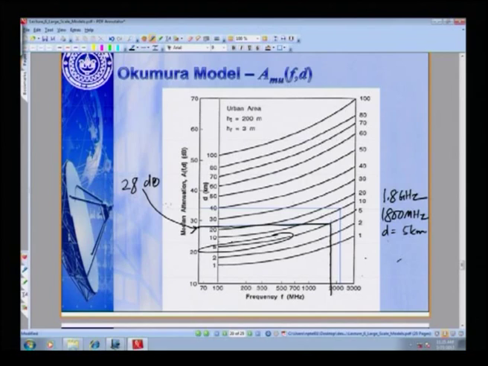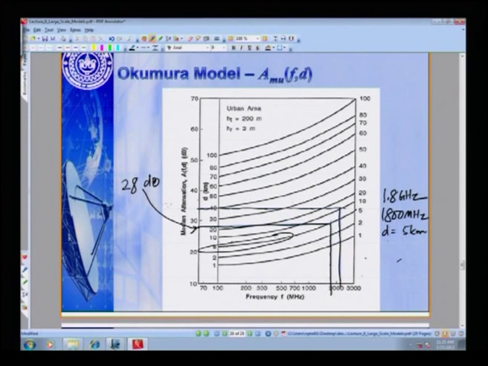Since I do not have any curve for 8 kilometers, I approximately use the curve for 10 kilometers, look at approximately 2.1 gigahertz, and see that the mu factor MUFD is roughly 34 dB.